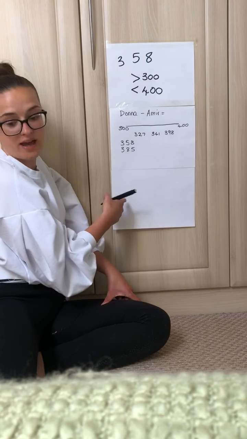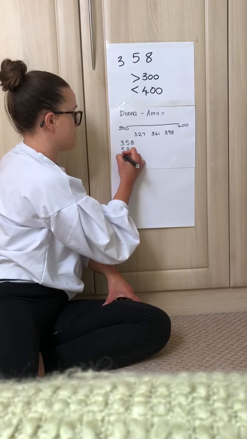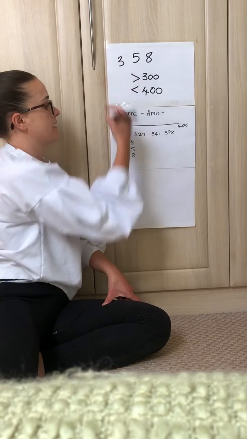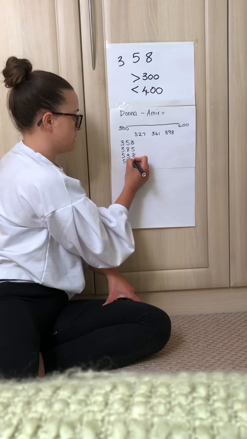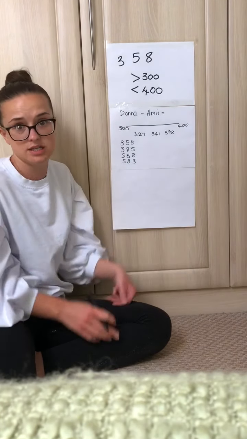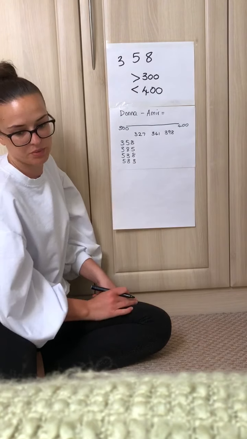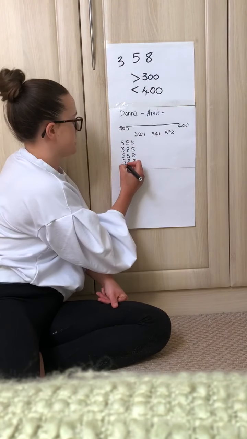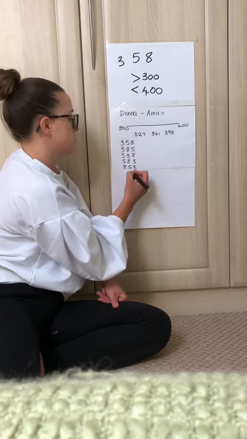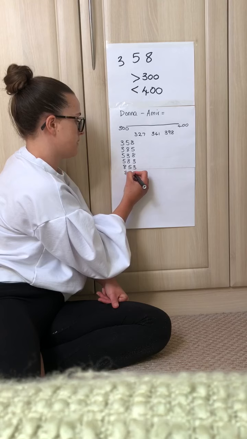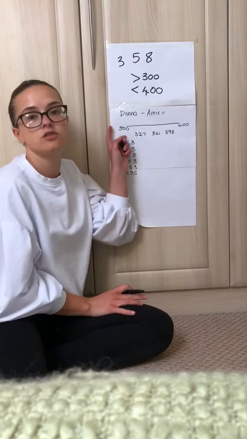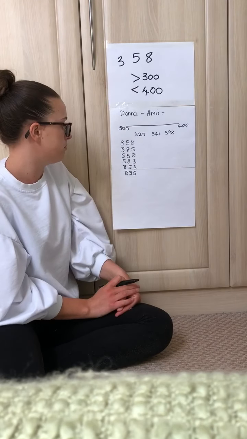I'm going to start with the 5 now in the hundreds: 538, 583. And when you're doing this type of activity, you could actually use digit cards and move them around to help you. Then my final two numbers, I can make 853 and 835.